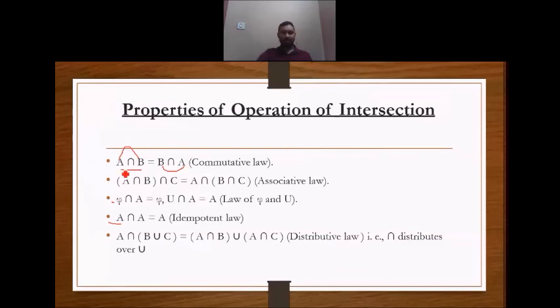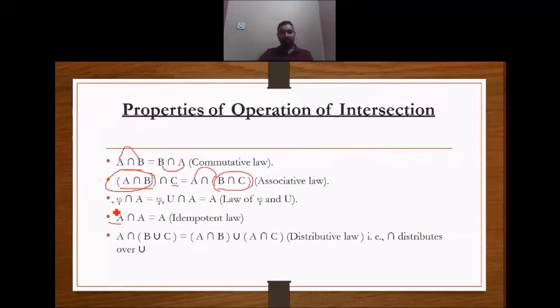So A intersection B is B intersection A. Next, (A intersection B) intersection C equals A intersection (B intersection C). Here, first you find A intersection B, then find the intersection with C. On the other side, first you find this set, then find the intersection with C. So they are equal according to this law.